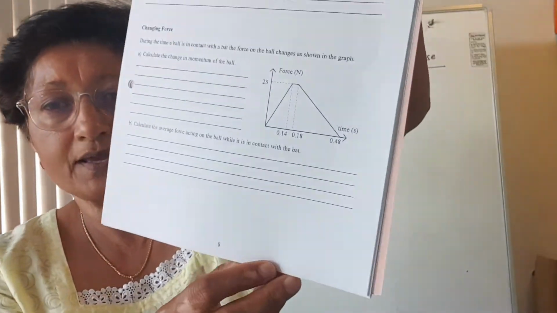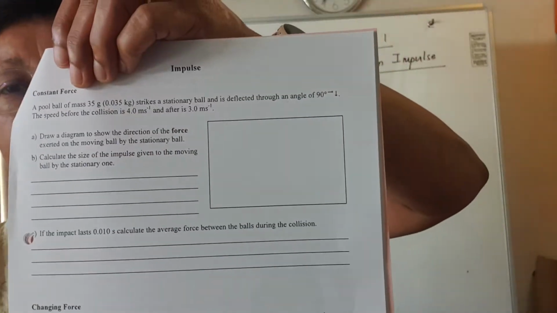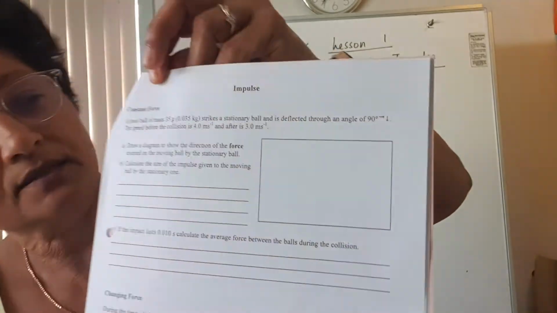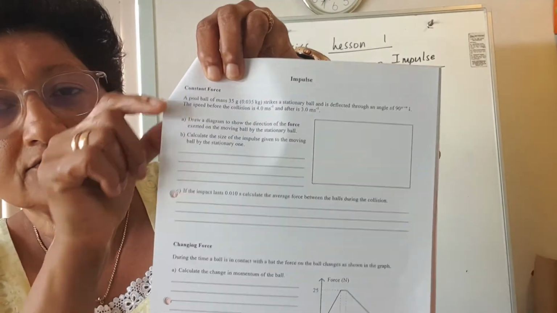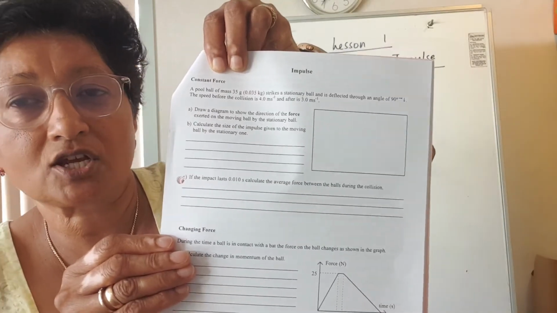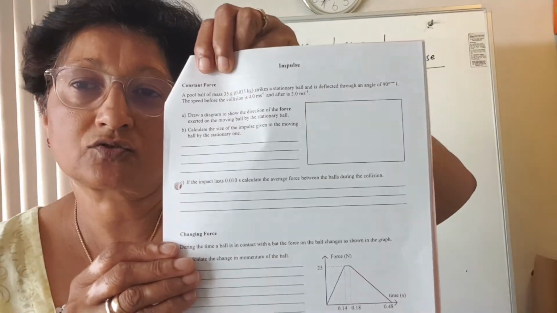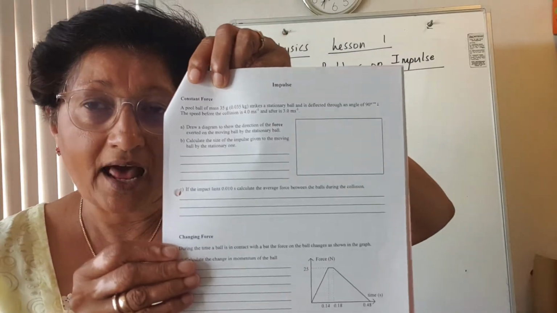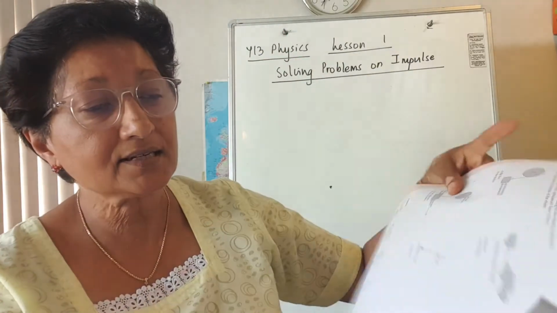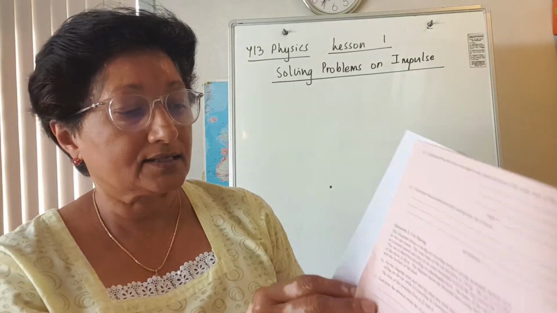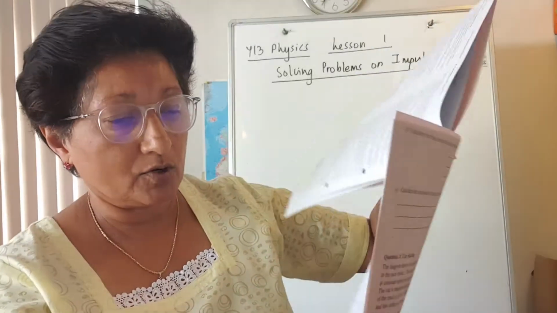If you turn to page 5, there is a worksheet on impulse. One is for a constant force, and the second one's for a changing force, and I'm going to talk you through this one now. And lest I forget, there are some questions at the back of this booklet.